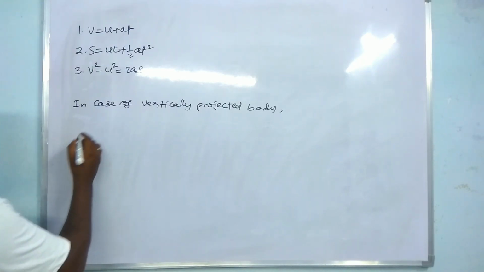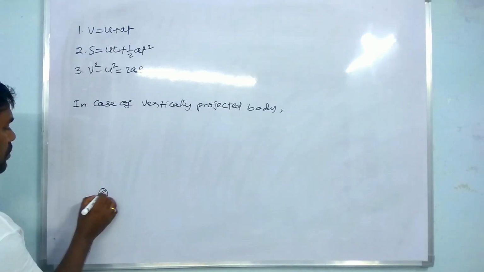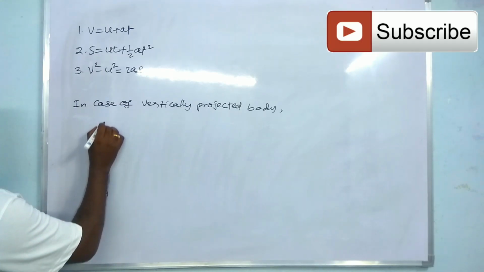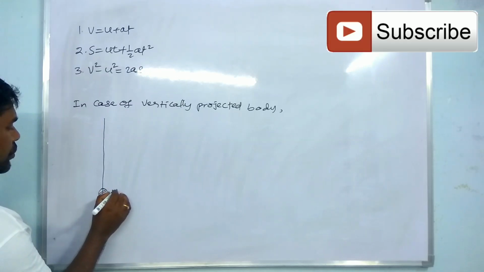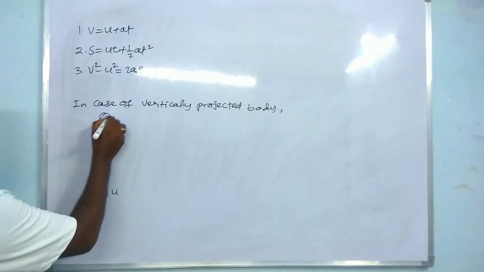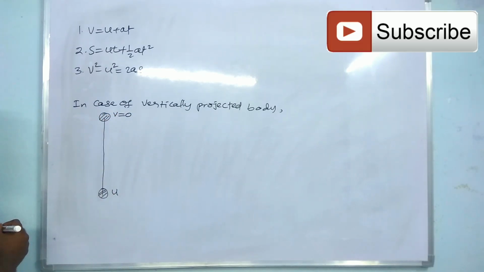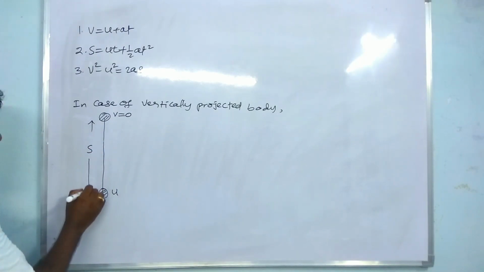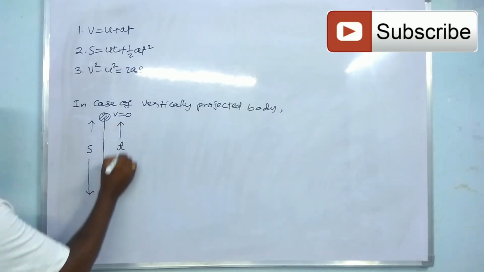In case of a vertically projected body, here there is a ball which was thrown vertically with the initial velocity u, where it gets the final velocity and it can be equal to 0. And here the distance traveled by the ball is s, and time taken by the ball is t.